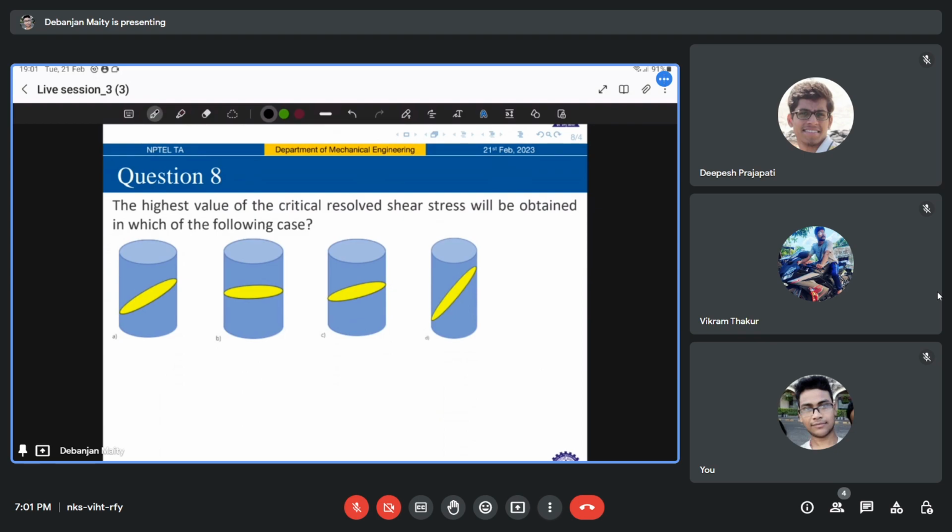Now, in critical resolved shear stress, so basically it happens like if you see any kind of deformed product, on the surface of a deformed specimen, you can see these parallel lines, and basically you can think of these as slip lines.